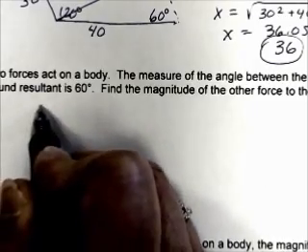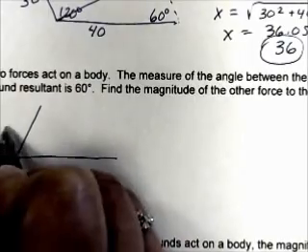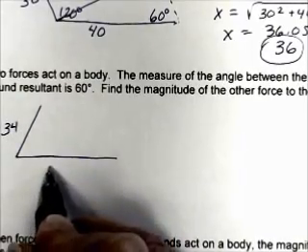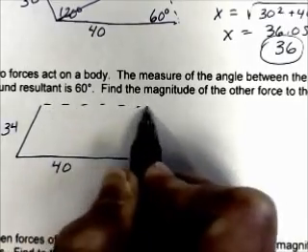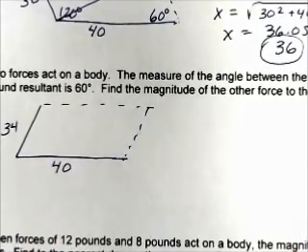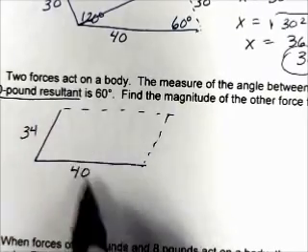Okay, so we have a 34-pound force and a 40-pound force. It says the measure of the angle between the 34-pound force and the 40-pound resultant is 60. Okay, sorry, the 40-pound is a resultant.